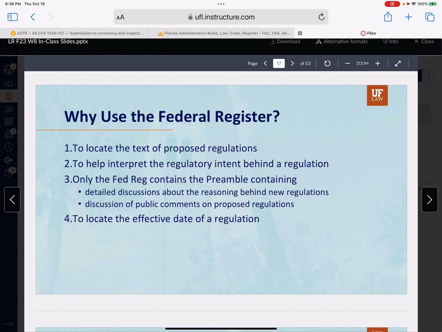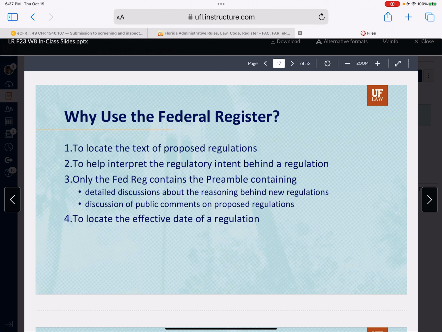So if you want to see the way it read when it was first proposed, you have to go to the Federal Register. And attorneys use this to help interpret regulatory intent behind a regulation because it has that great preamble with all the cool information about why the agency thought it needed a rule in the first place or needed to change a rule. So only the Federal Register contains that preamble.